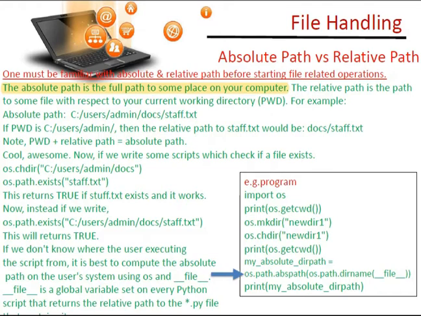For example, the absolute path starts with the C drive, from the C drive to your actual text file. If the working directory is C:/user/admin, then the relative path to the staff would be documents/staff. Working directory plus relative path is equal to absolute path. Understand? So the absolute path starts with the C drive, but the relative path starts from the working directory.